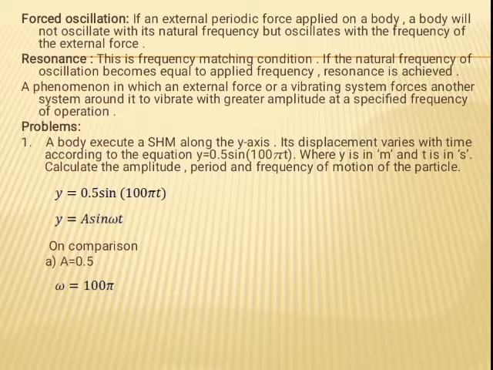A forced oscillation is something that oscillates not on its own but only when an external force is given to it. The body oscillates with the frequency of the external force, and depending upon that, the oscillation happens to the body. This is called forced oscillation.